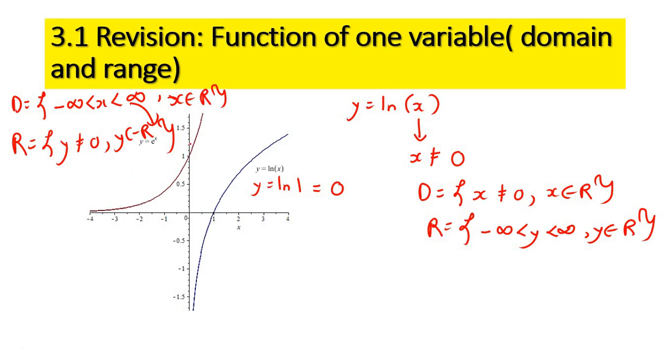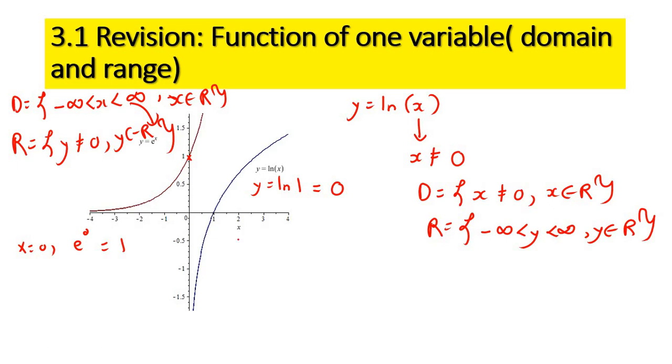And for y equal to exponent x, when x is 0, exponent 0 is 1. So when you want to sketch the graph, you have that point. Then the exponential graph approaches 0, y approaches 0 but never equals 0, and goes up to positive infinity.